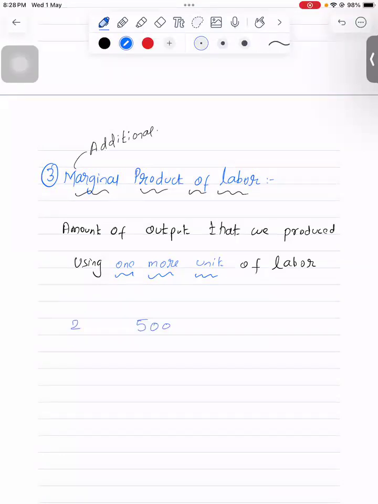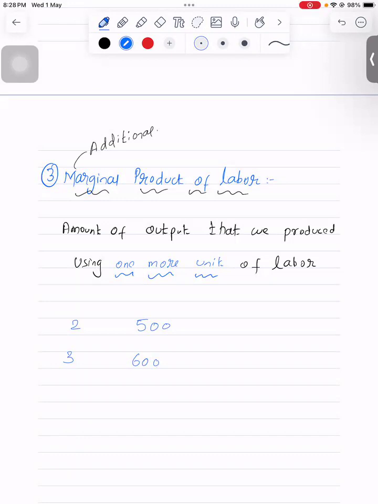Now let's say we appointed one more labor. Now there are total three labors, and together they are manufacturing, let's say, 600 chairs. So what is the marginal product in this case? Yes, marginal product will be 100.